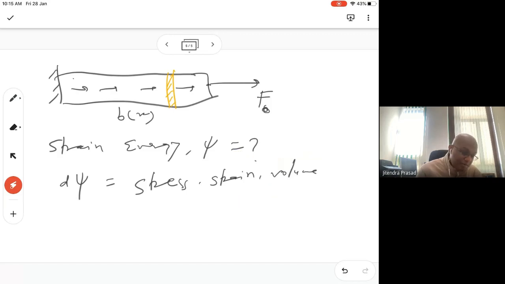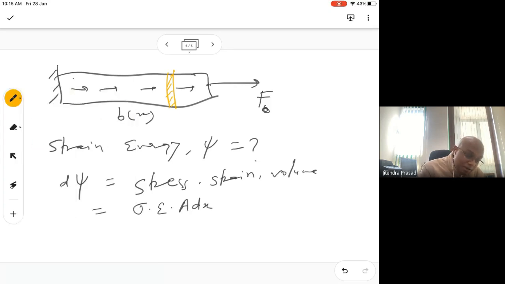That's what it will be. Now, what is the stress here? You will write it as sigma, and then strain, multiplied by volume. Volume will be area multiplied by dx.